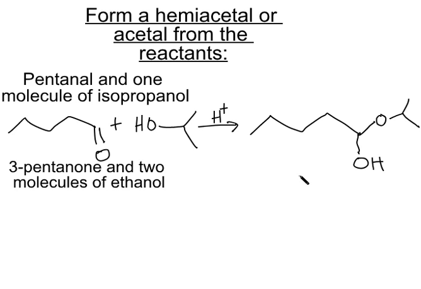And so there we have formed a hemiacetal. We have our main carbon chain, 1, 2, 3, 4, 5. We have our acetal carbon, and then we have our 2 acetal bonds. So this is a hemiacetal.